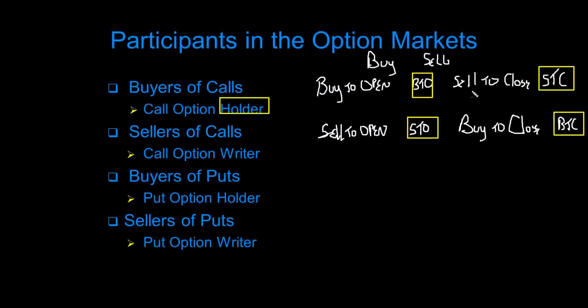I'm going, okay, I want to close the position, so let me sell it. But if you sell to open 10 contracts, and you go, well, let me just close them, and I'm going to sell them, you sell 10 more, and you think you closed it, but you just doubled down your position to 20 contracts. So just remember, in any opening position, you can buy it to open it, or you can sell it to open it.